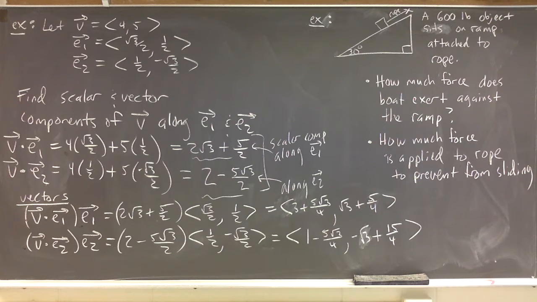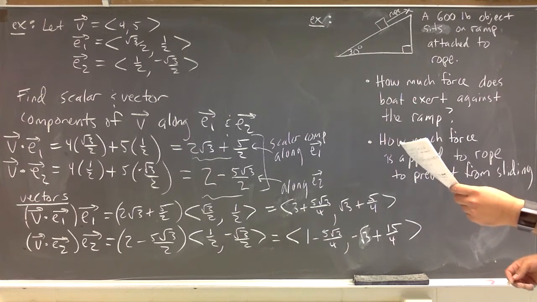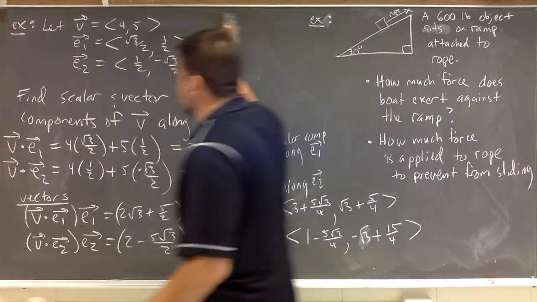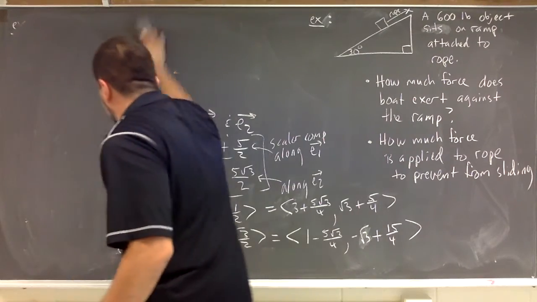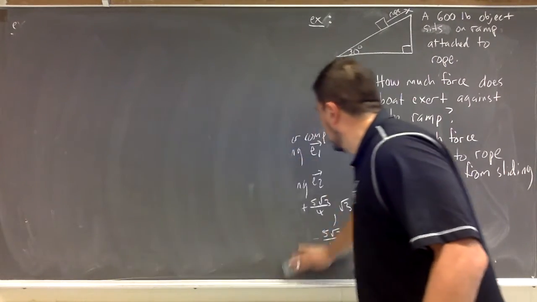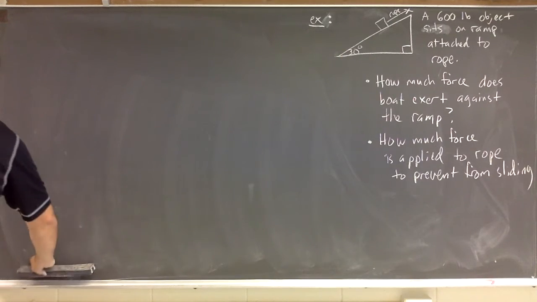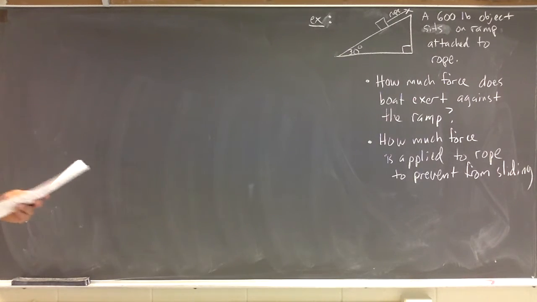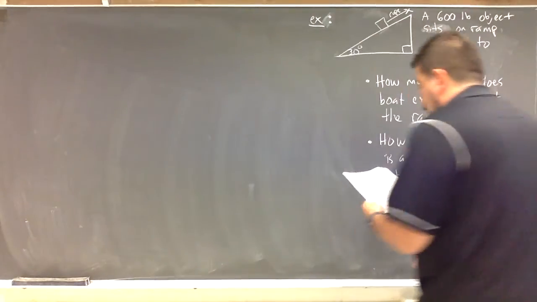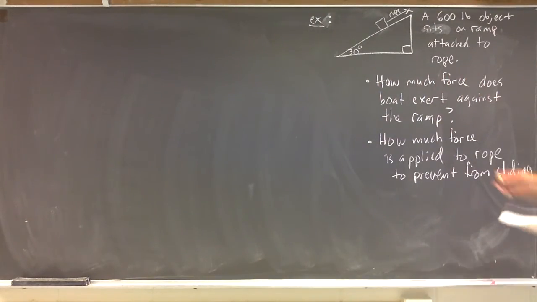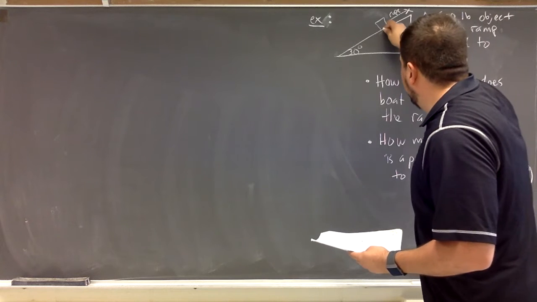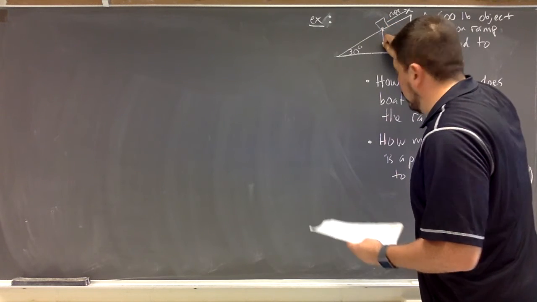Okay, so now this becomes really a problem like you've seen in the past. Okay, so let's talk about the setup here. Let me erase all this. All right, so let's kind of draw some vectors here. What do we have? We have a 600-pound force this way.